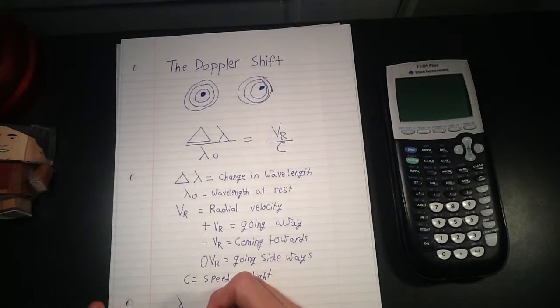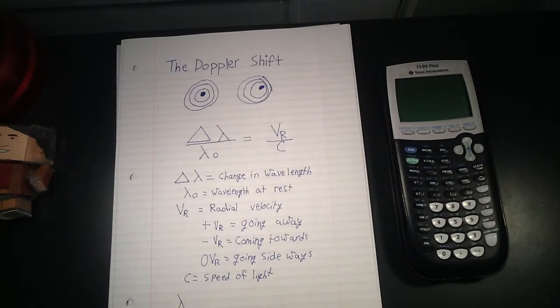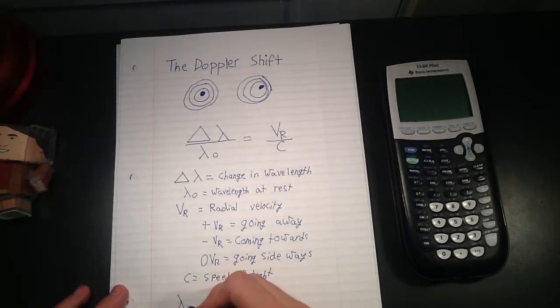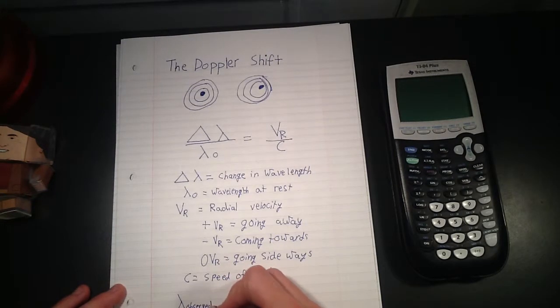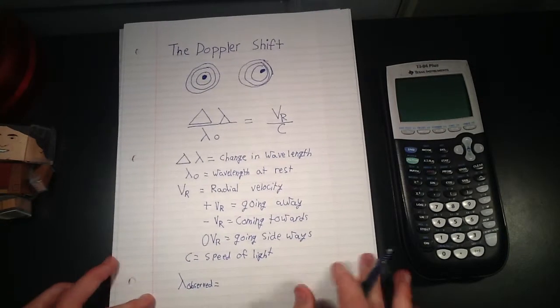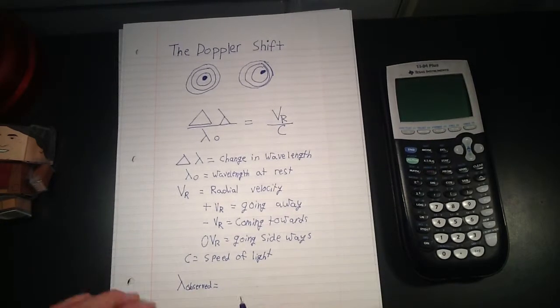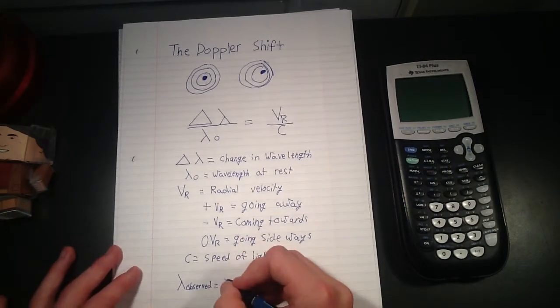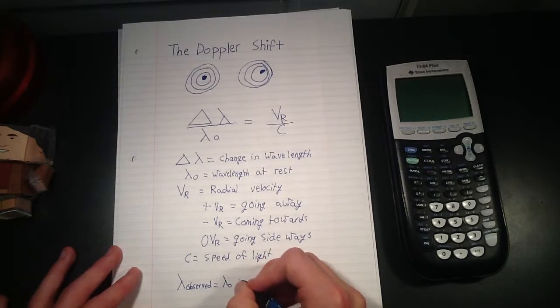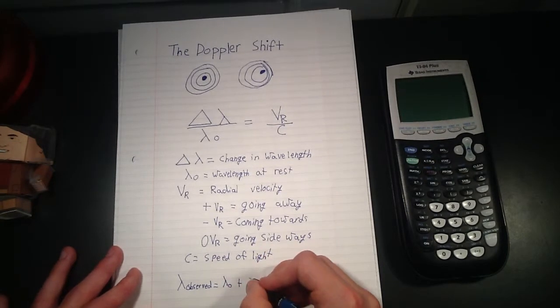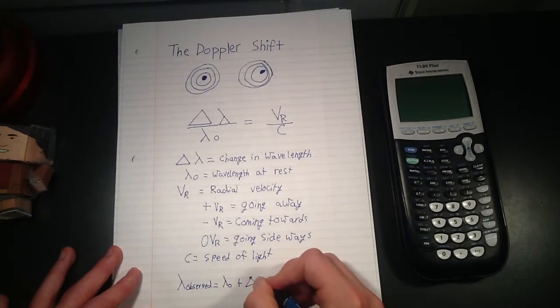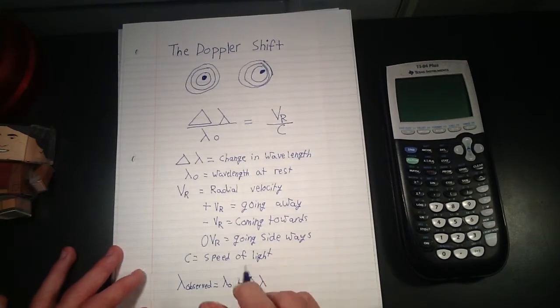So if I'm watching it, and it's coming towards me or away from me, lambda observed, the wavelength that's being watched, I'm going to represent observed by OBS later, but just wanted to spell that out for you, is equal to lambda at rest plus delta lambda.